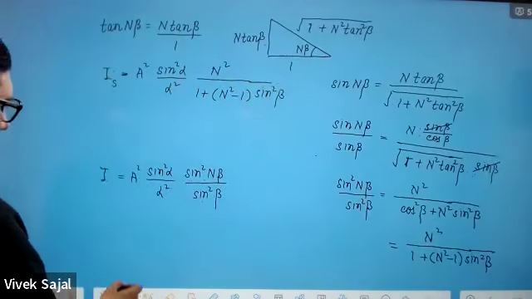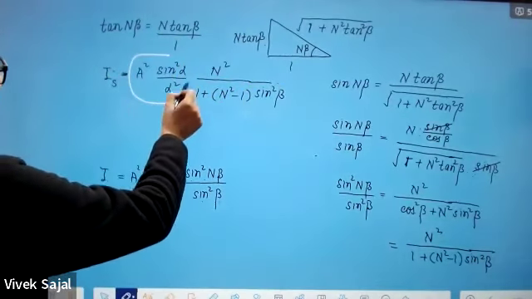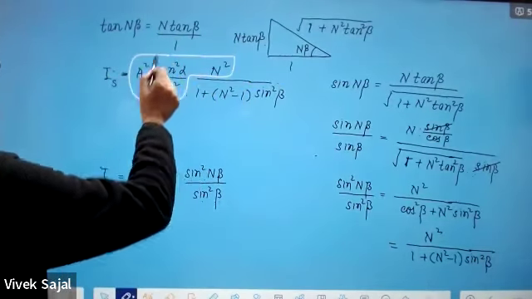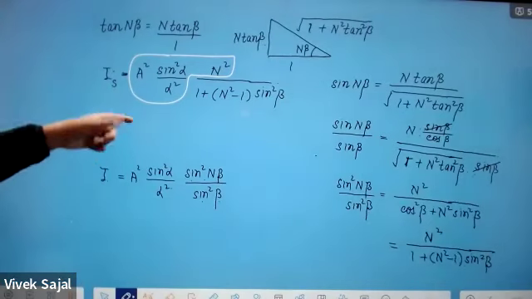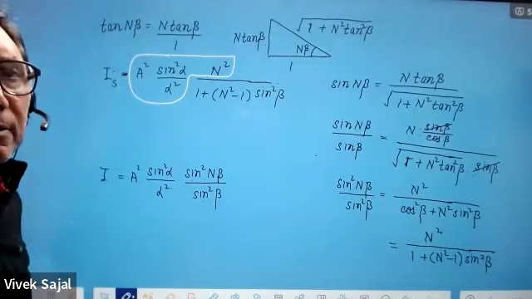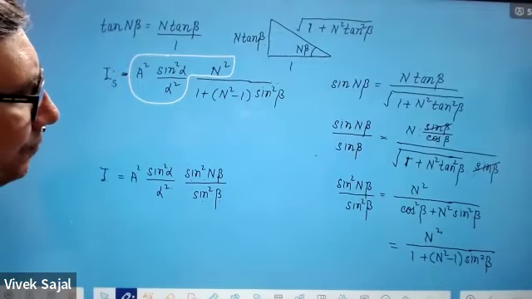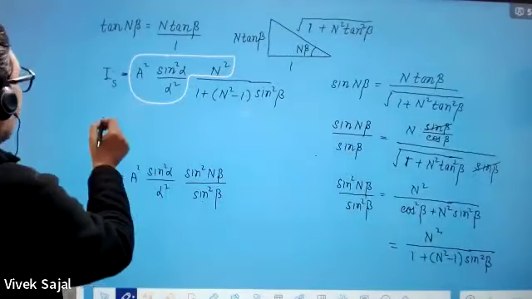Now if you look at this, what is this? A square sin square alpha upon alpha square into n square. What is this? ये किसका intensity है? This is the intensity of, किसका intensity है बेटा? Principal maxima. This is the intensity of principal maxima.